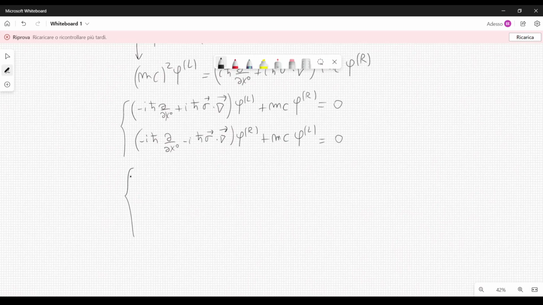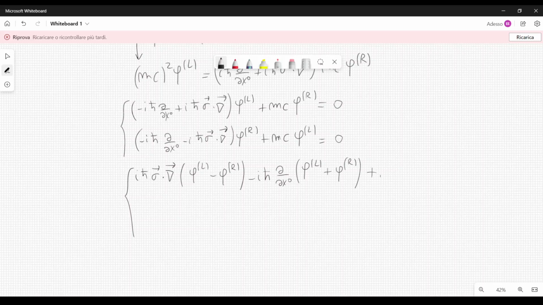In particular, these two: we have i h bar sigma dot del, and then here we have phi_L minus phi_R, minus i h bar d over dx0 of phi_L plus phi_R, plus mc phi_R plus phi_L equal to 0.